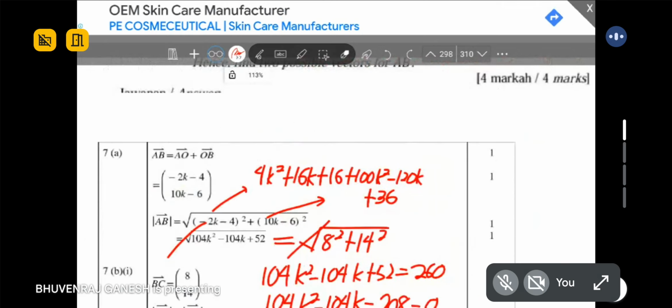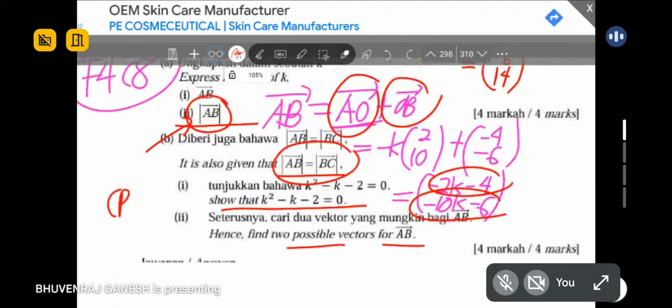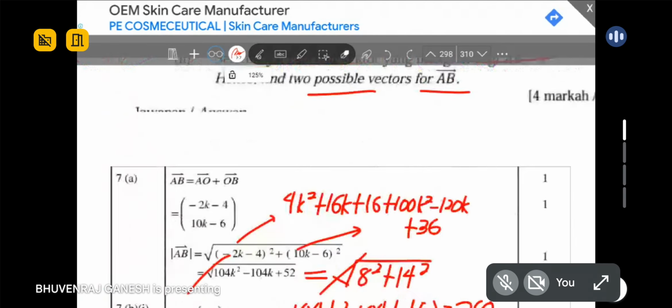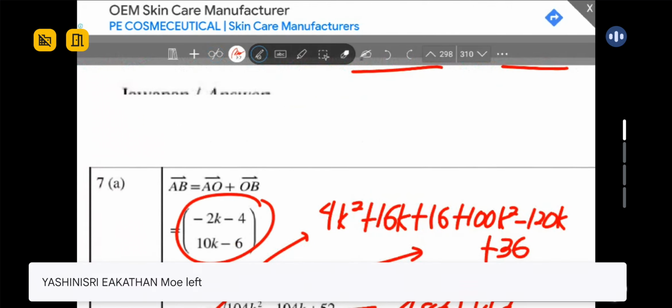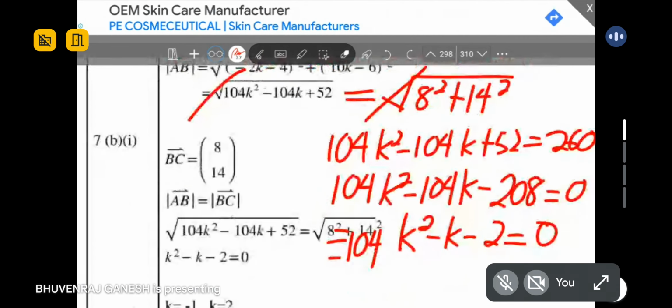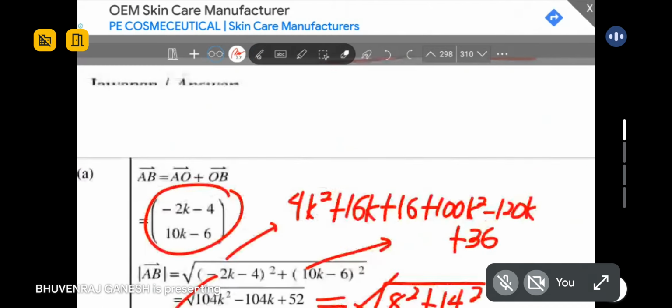So this is another part of vector. You must know about magnitude. Okay, next one. They ask you to find the two possible vectors for AB. Okay, so for AB, it is this one, right? Yang ni kan? AB. So guys, you must find the K value. Am I right? Kena cari nilai K. So, you solve the quadratic equation.